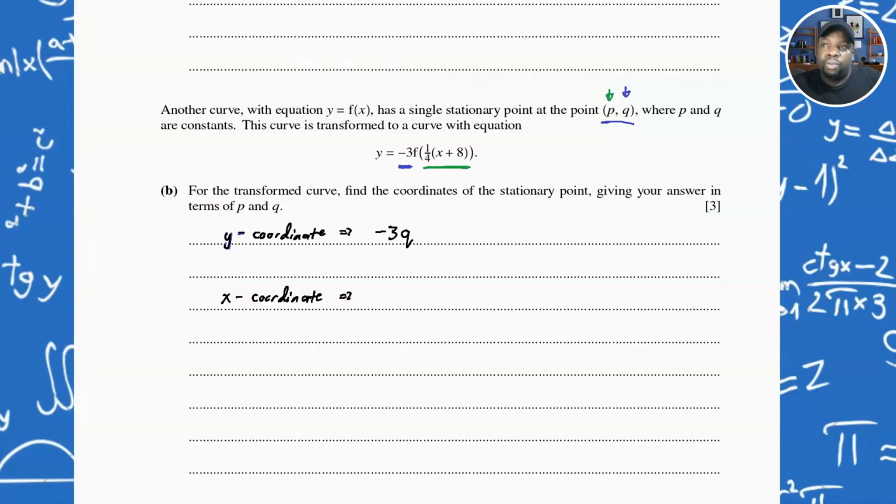Remember, we use a reciprocal for the stretch in the x-direction. So if it's a quarter, then it means the p is being multiplied by 4. So it will just be 4p.